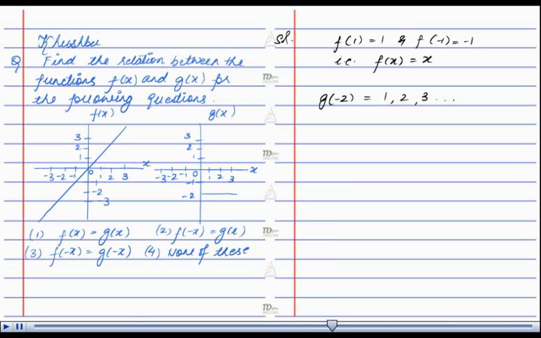Therefore, we do not have any definite relationship between f of x and g of x. And so, the correct answer is option number 4.